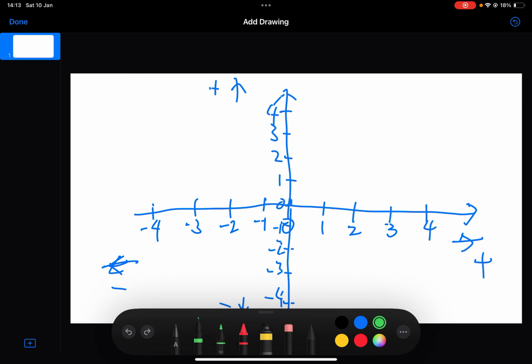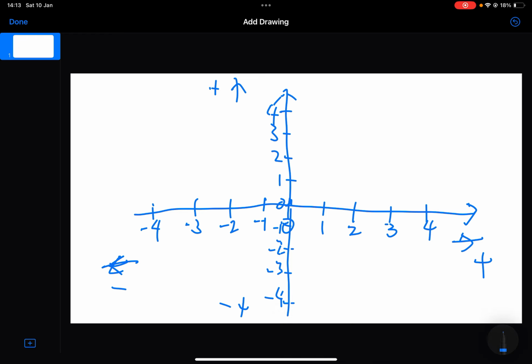By that I mean if I want to specify this point over here, this point A, it can be found by moving 3 units or 3 spaces to the right. Then I move up 1, 2, 3, 4. Move up 4 spaces in the up and down direction.